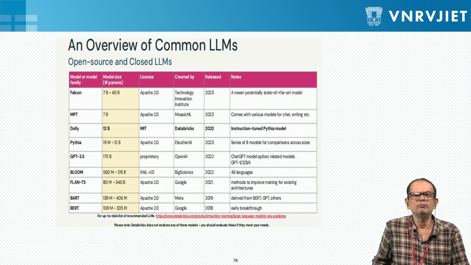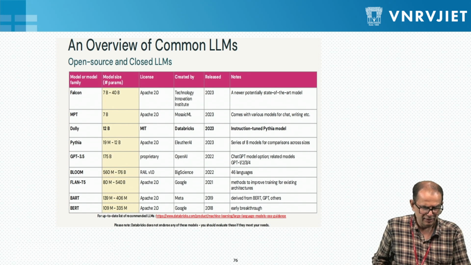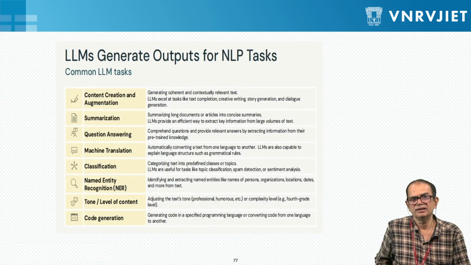These are some of the common LLMs we use in the industry quite a lot: the ChatGPT LLM, the Falcon LLM, the DALL-E 2 LLM, and we have talked briefly about these LLMs in this particular slide.